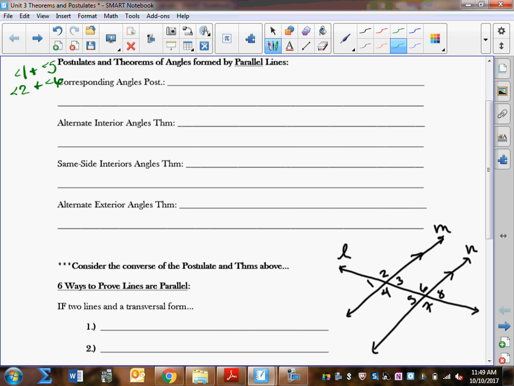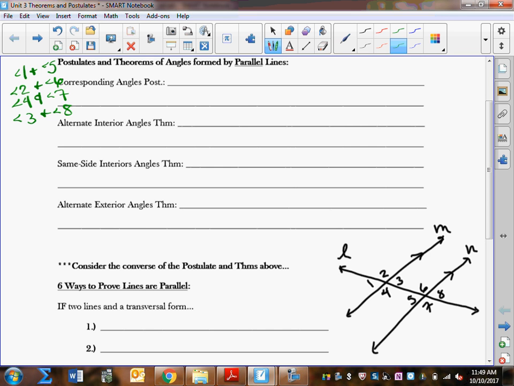Another pair, Sam? 5 and 1. Same thing. 4 and 7. And Will. 3 and 8. Okay, so these are my 4 sets of corresponding angles.